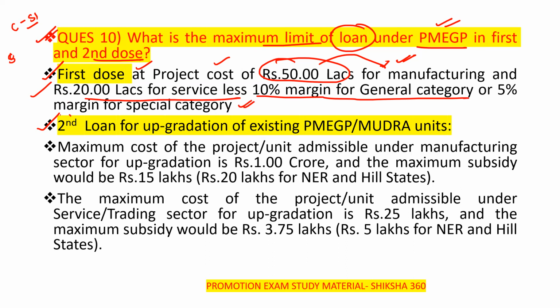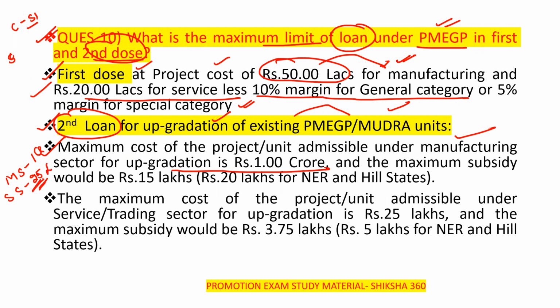Now next one, second loan for upgradation of the existing PMEGP or Mudra units. Clear? That is second dose. In simple language, we can say second dose. So maximum cost of the project or unit admissible under the manufacturing sector for upgradation is rupees 1 crore. Clear? Under the second dose, for manufacturing sector it is 1 crore, and for the service sector it is rupees 25 lakh.